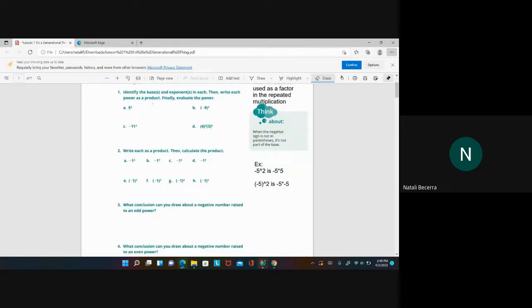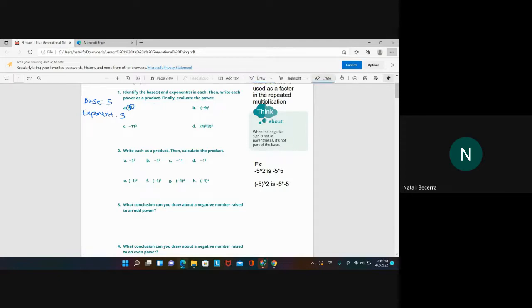Number 1 says identify the base and exponent in each, then write each power as a product. Finally, evaluate the power. So the base is going to be your 5. And then the exponent is the little number on the top right corner, which is this 3 right here.